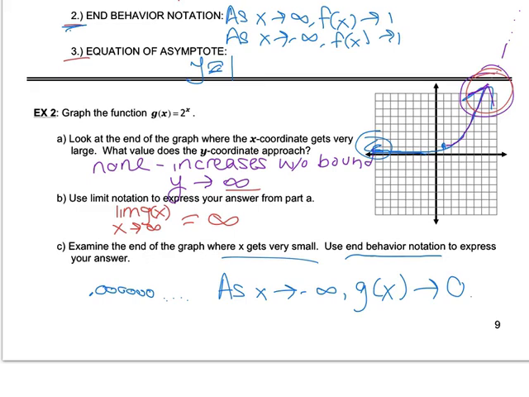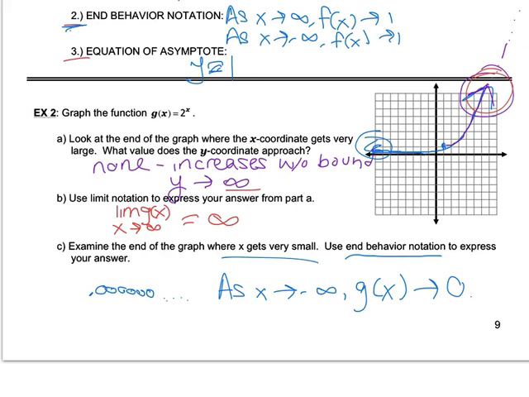And that's it. So those are the two. We've got limit notation here and end behavior notation there. Again, this is what you'll probably be using more of, especially as we get into the calculus part of this class.